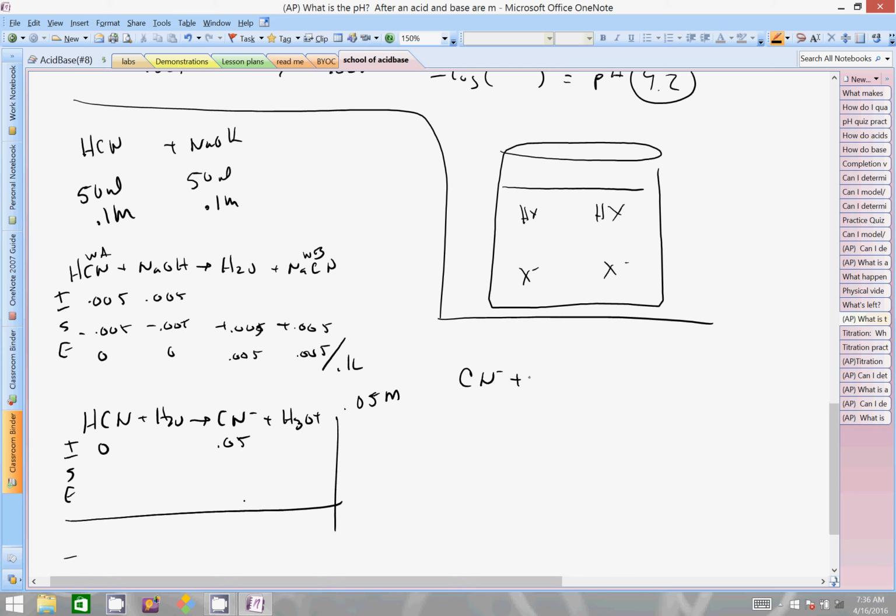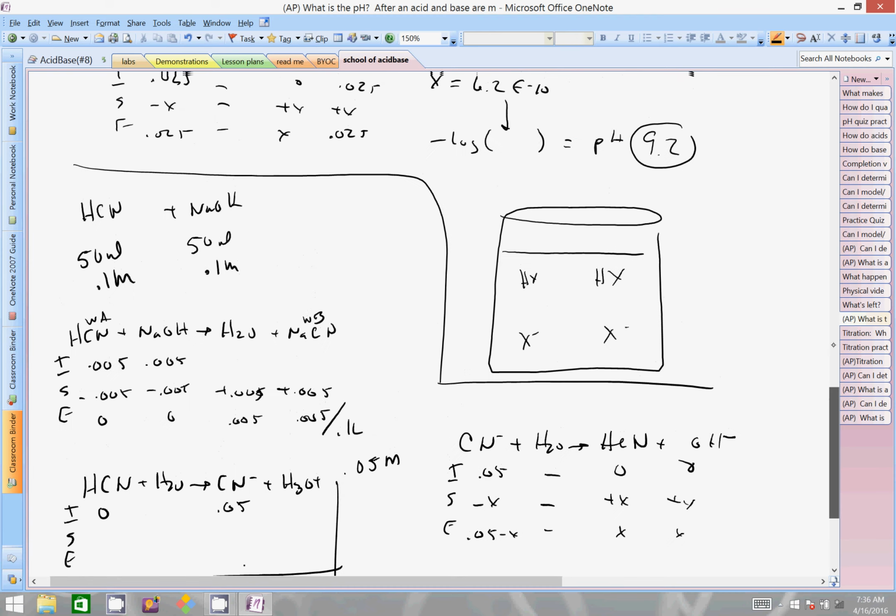CN negative plus H2O yields HCN plus OH negative. Initial, stoichiometric ratio, 0.05, not playing a role, 0, 0, minus X plus X plus X, 0.05 minus X, X, and X. I have my Kb value, which I think I calculated earlier.